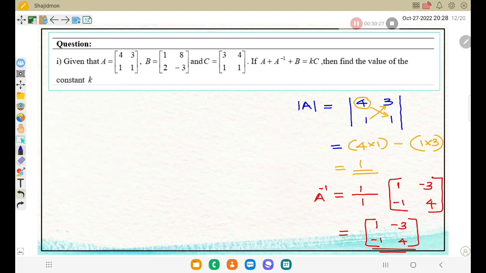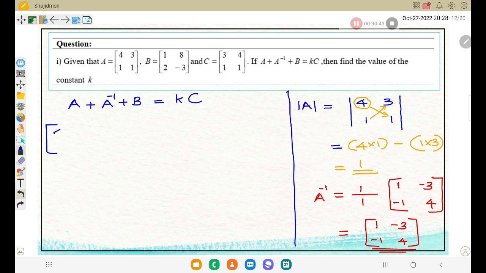Now we can apply it here. What is our condition? A plus A inverse plus B matrix equals k times C matrix. Correct? Now, what is the A matrix?